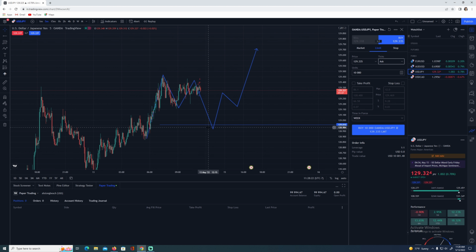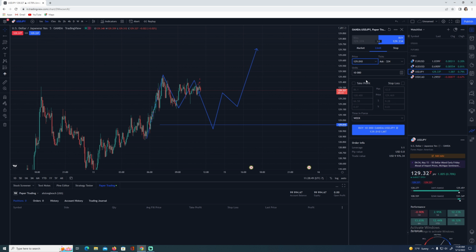So let's see for this buy order how we will place it. Let's say we want to place our buy order right here at 129.010. So we'll place buy, and we want that order to be at 129.010.